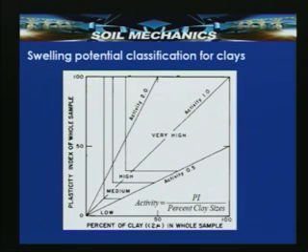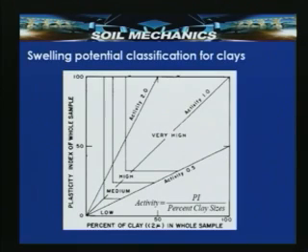In the previous lecture, we defined the activity value or activity number, and this is useful for classifying soils according to their swelling potential. So, whether the soil is susceptible to swelling or not, to some extent the activity value will give the information.